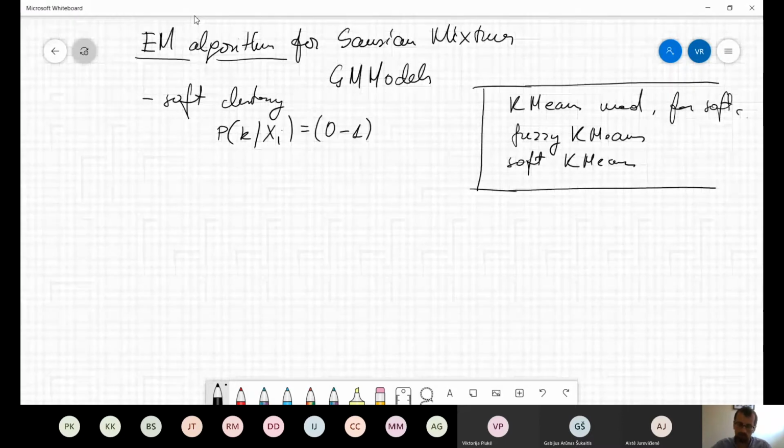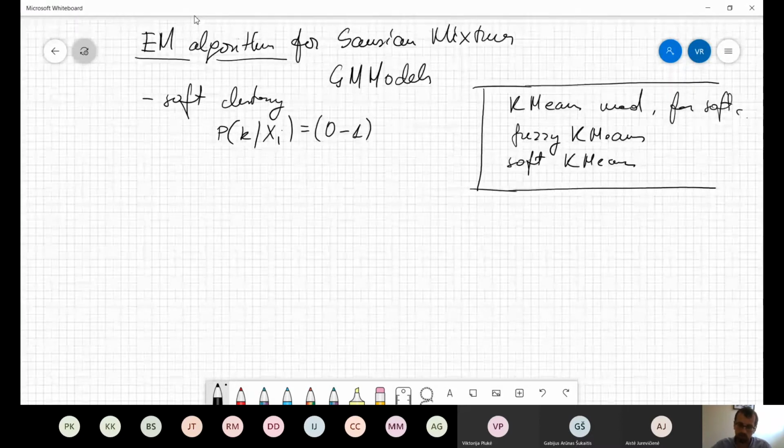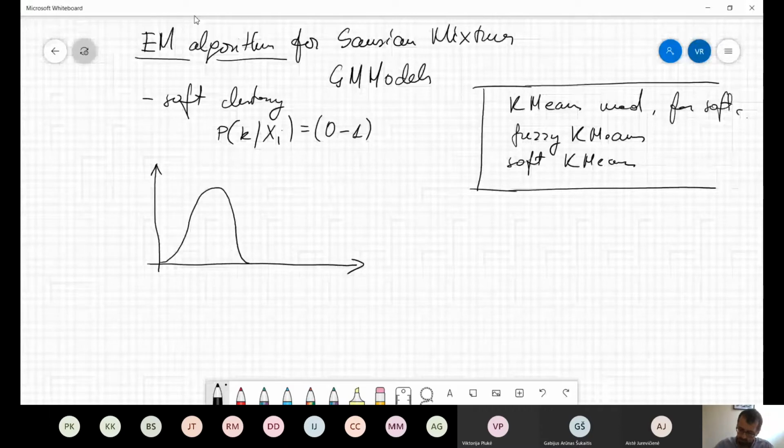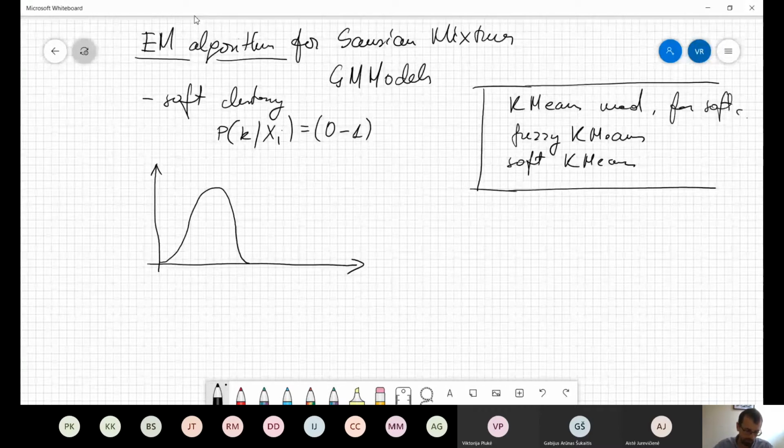We have an assumption that our observations are a mixture on a certain model. So basically, we make an assumption that data are coming from K normal distributions.